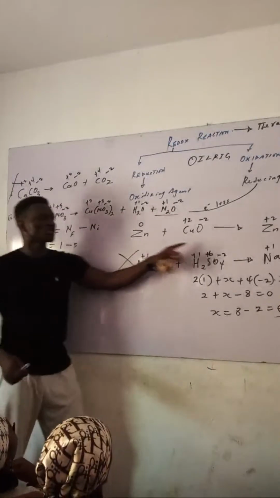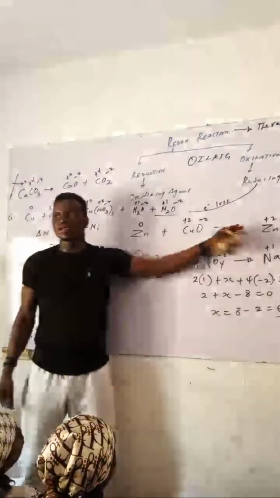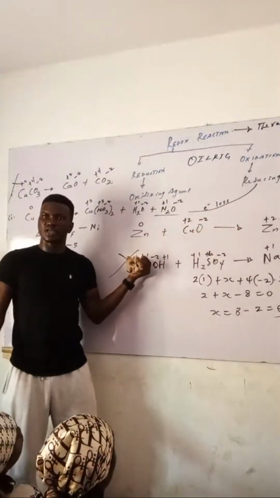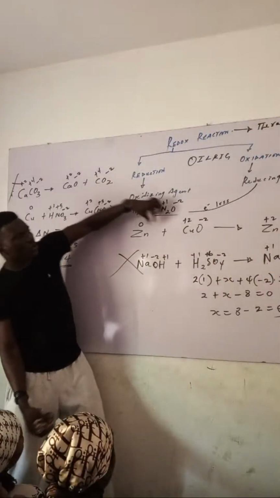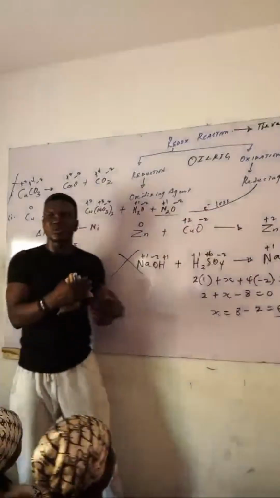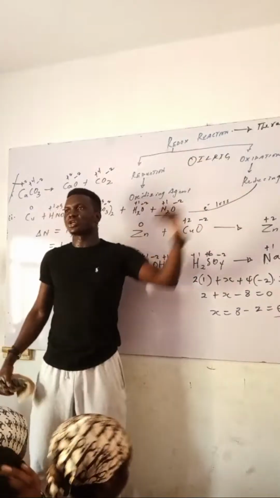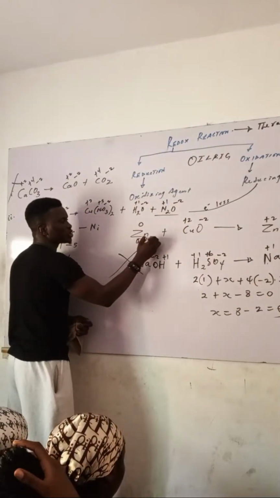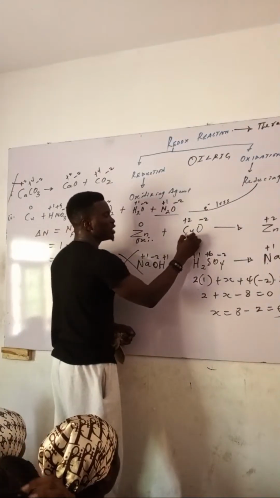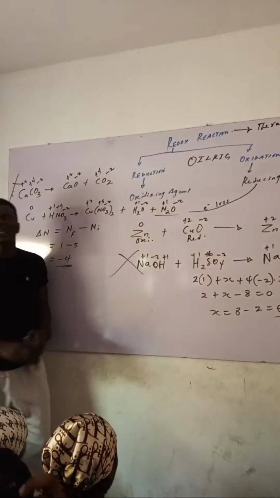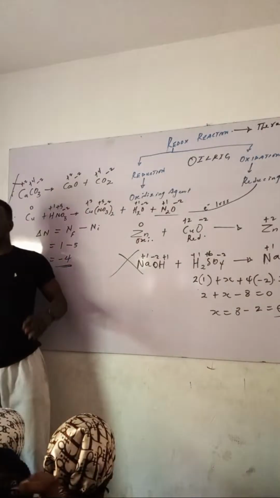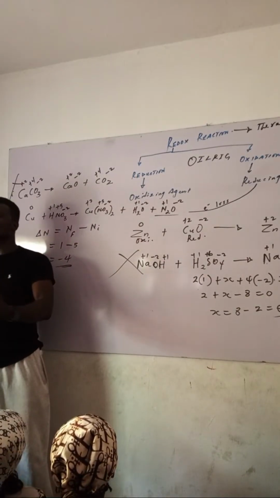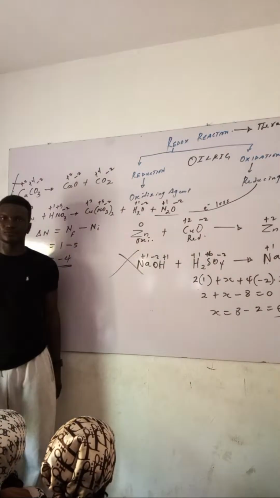So let's look at this one. Which one is undergoing oxidation? Zinc, because it goes from 0 to what? And that's what we call increase in oxidation number. So at the end of the day, this one is undergoing oxidation. This one is undergoing reduction. If they now ask you, they can just give you an equation and ask you which one is the oxidizing agent?